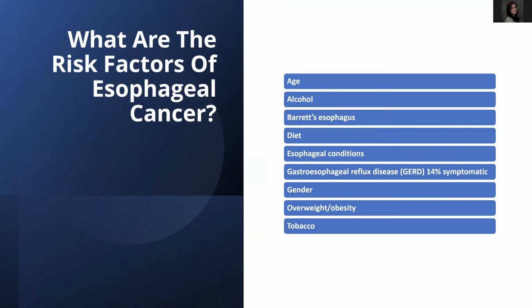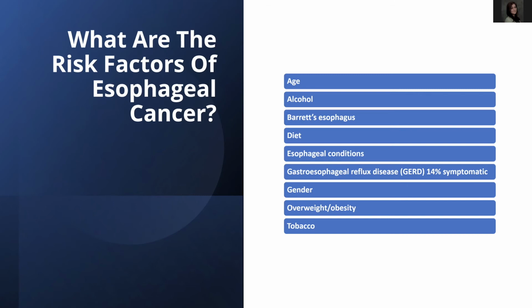Alcohol consumption, heavy alcohol consumption, is also associated with esophageal cancer. Diet, as Dr. Bacon already alluded to. Certain esophageal conditions, which she mentioned in her talk, predispose the esophagus to dysplasia and subsequent esophageal cancer, Barrett's esophagus being the most common.